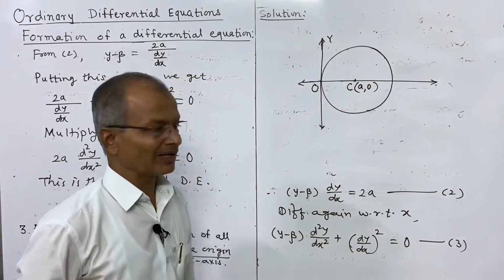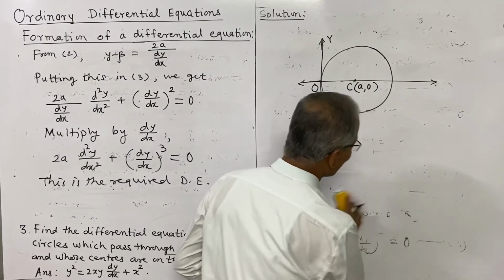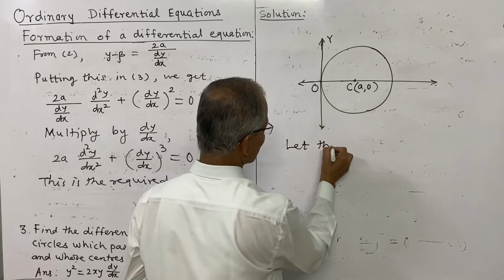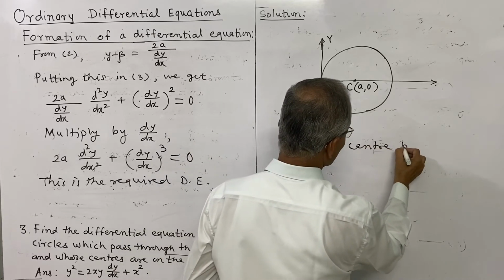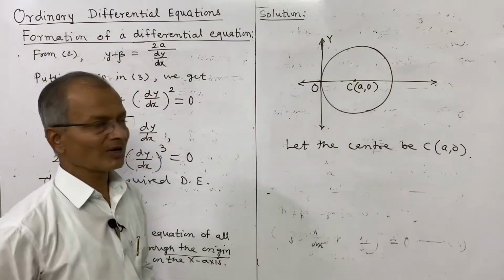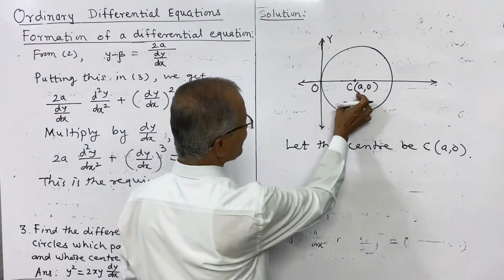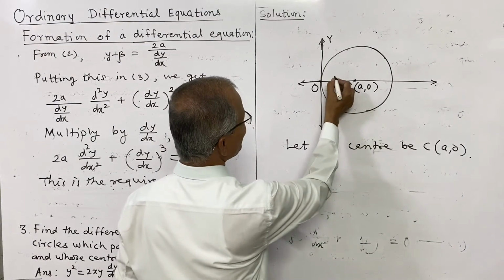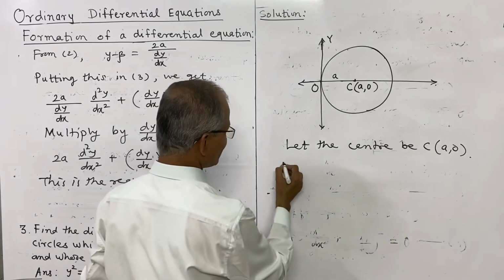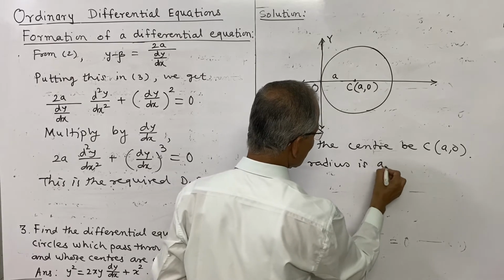Now we can easily write the equation of this circle. Let the center be a, 0. Now because it passes through origin, what is the radius of this circle? OC is the radius, and the x coordinate of C is a, therefore distance OC must be a, and its radius is a.